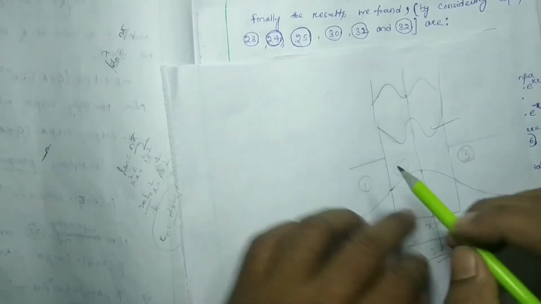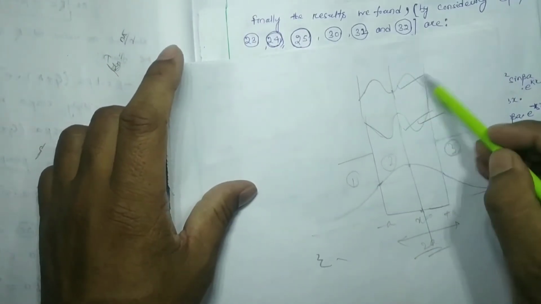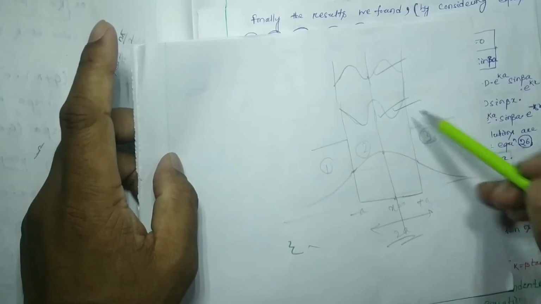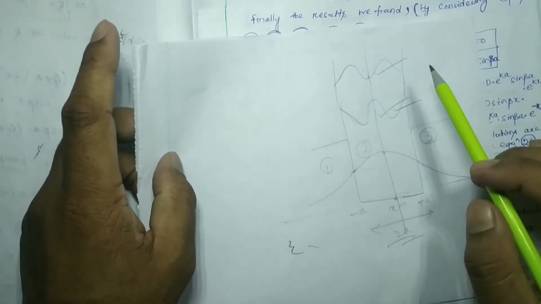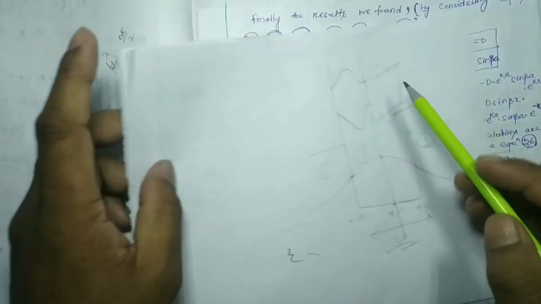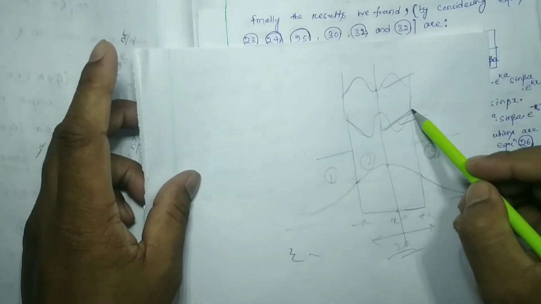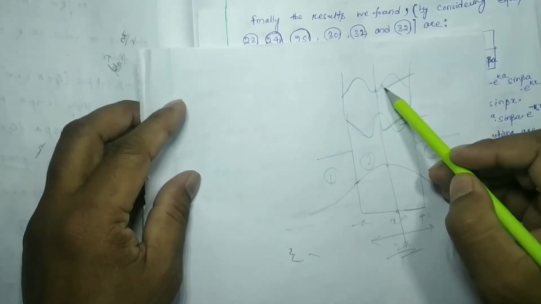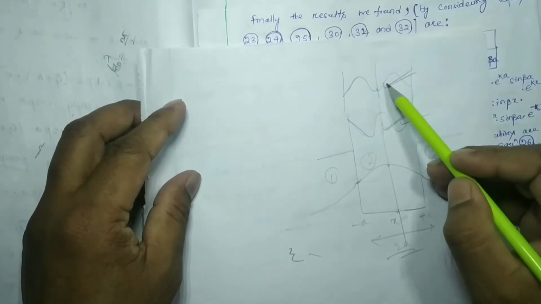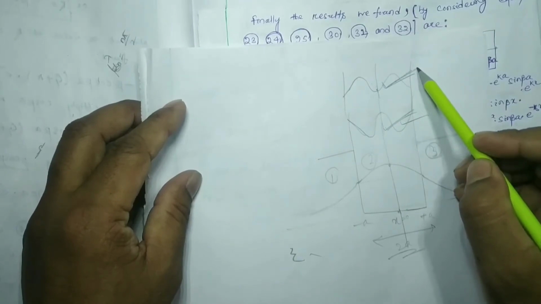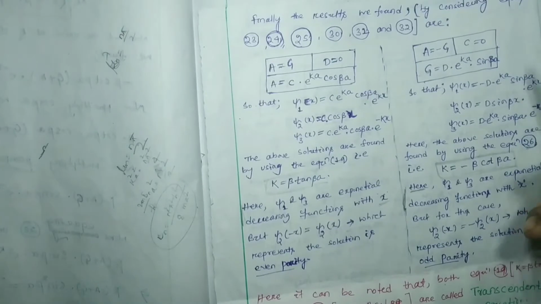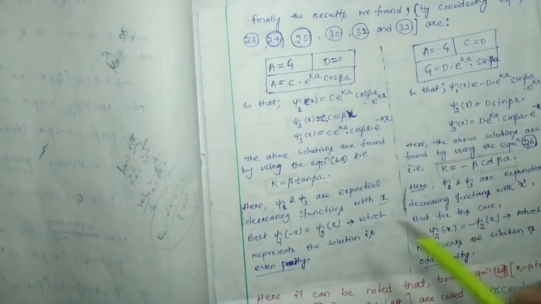So either this or this. For some conditions it will be even, and for some conditions it will be odd, or sine. What the condition is, we are going to discuss in detail in the following sections.